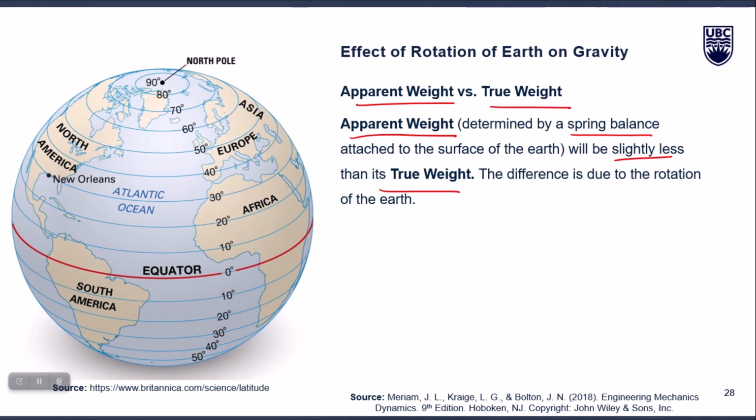True weight would be the weight corresponding to an Earth which was not rotating. The difference between them is due to the rotation of Earth. So please keep that terminology in mind. The difference between both weights is whether you account for the Earth's rotation or not.